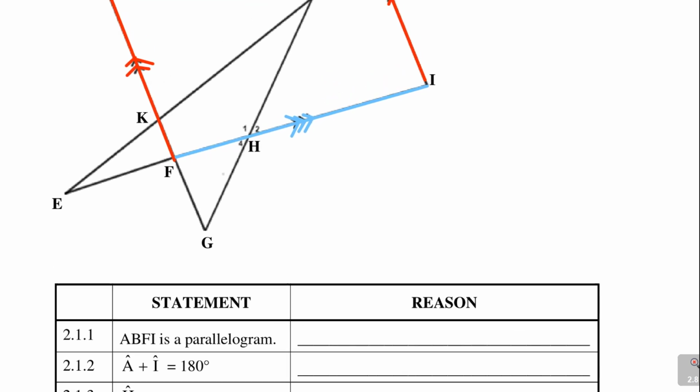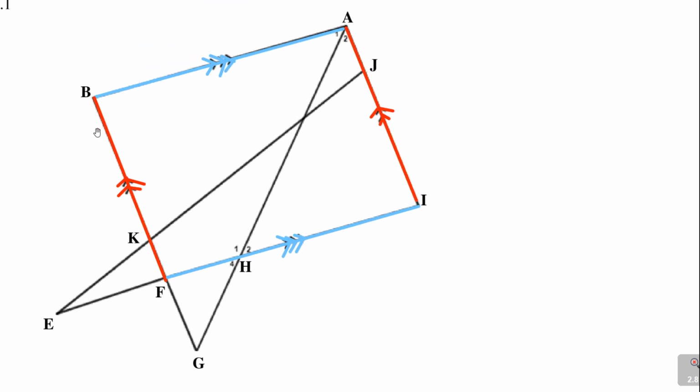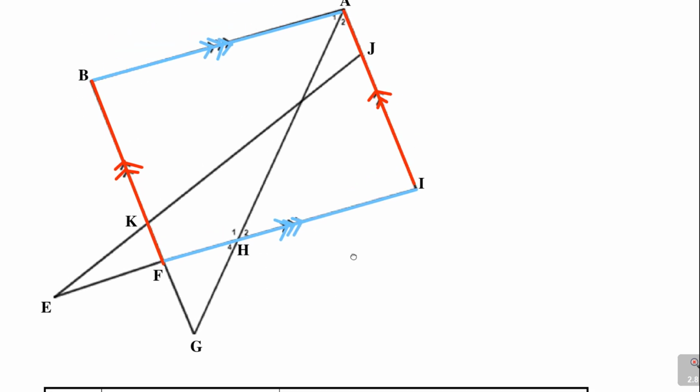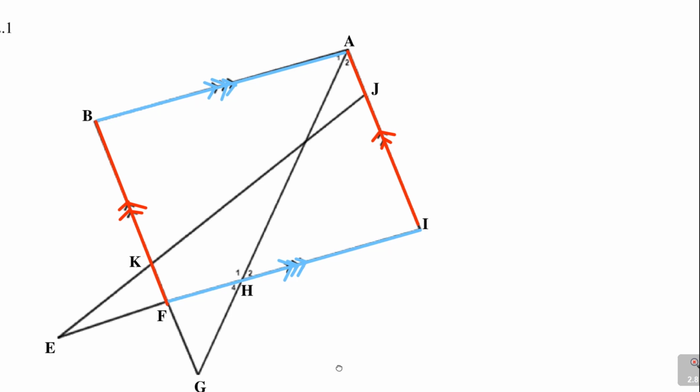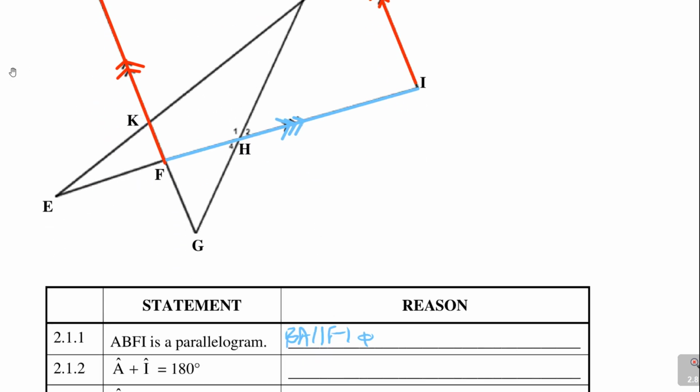What can you say? You can actually state what you have. BA is parallel to FI, and BF is parallel to AI.